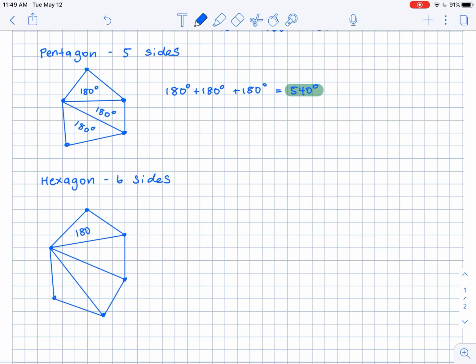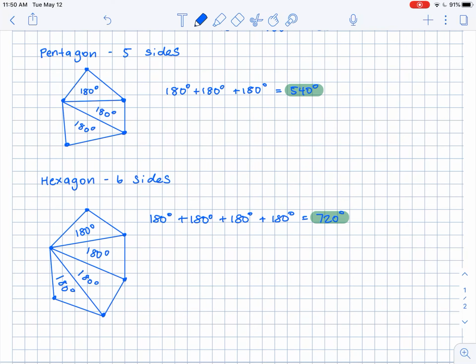Okay, so we have 180 degrees, 180 degrees, 180 degrees, 180 degrees, and if you add those all up, you get 720 degrees.